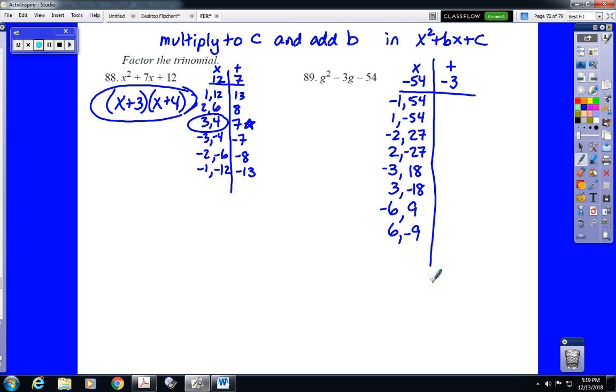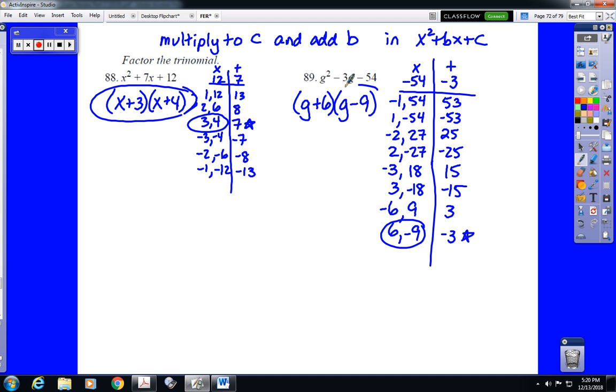And that would be it. Add them up. And once we get good at it, we probably don't even need to show this chart. But it's always kind of nice to see all the work. Negative 3 is what we're looking for. That's positive 6 and negative 9. So g plus 6 and g minus 9 would be my factors.